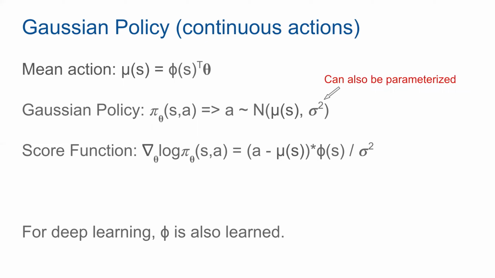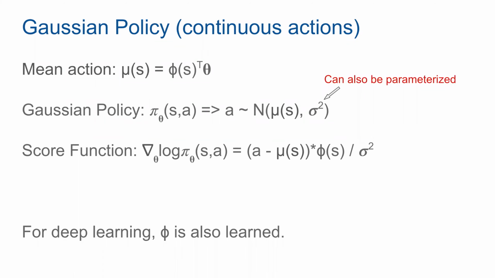A Gaussian policy is specified in the second line: for any given state action pair, the action is sampled according to a Gaussian distribution with mean equal to the mean action and some variance term.